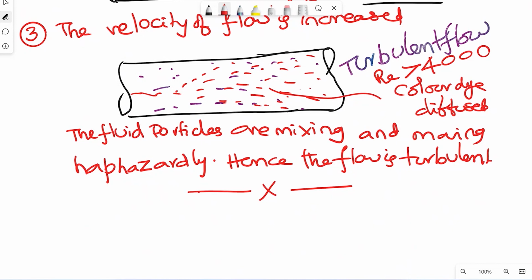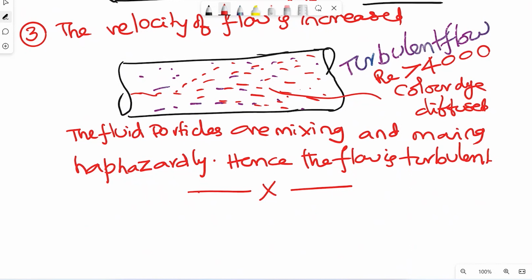What is important is that the moment Reynolds experiment is asked, explain the experimental setup with a neat sketch, then explain the three flows and show the three figures.